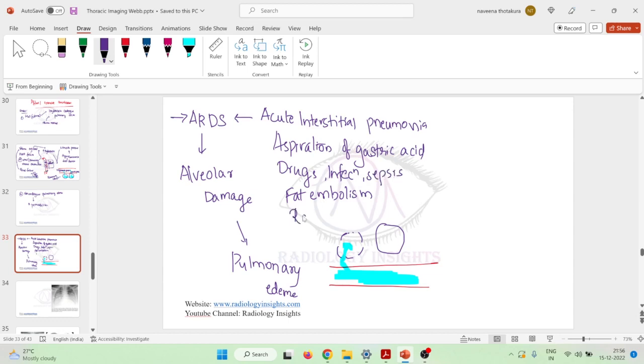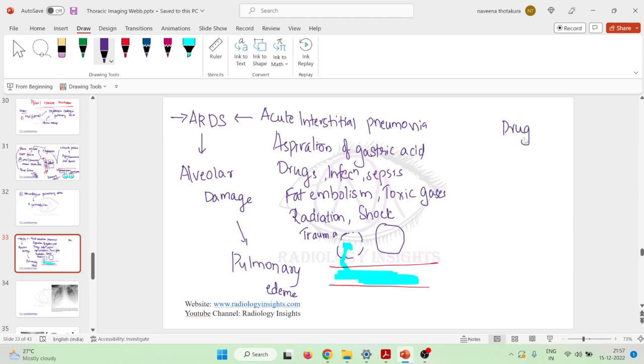If the patient has undergone any radiation which can damage the alveolar cells like pneumocytes, type 1 and type 2 pneumocytes, or shock, or has inhaled any toxic gases, or has any trauma. In all these conditions, the patient will have some damage to the alveoli, and it results in acute respiratory distress syndrome, leading to pulmonary edema.